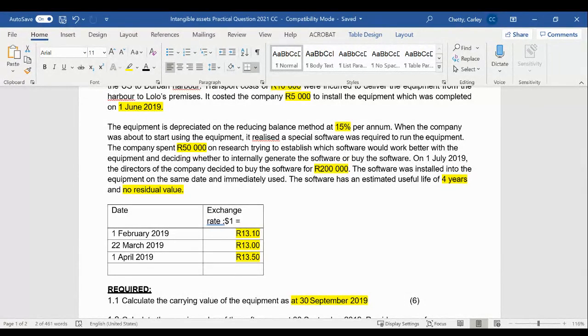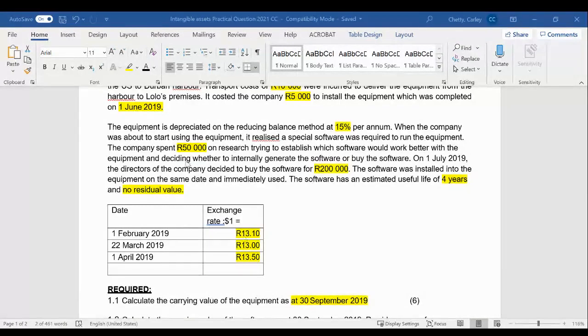The first thing we need to ask ourselves is, are the research costs going to result in future benefits? So the research costs are actually exploratory in nature, and they're unlikely to give rise to future economic benefits. So the research costs cannot be capitalized. They need to be expensed when incurred, okay?